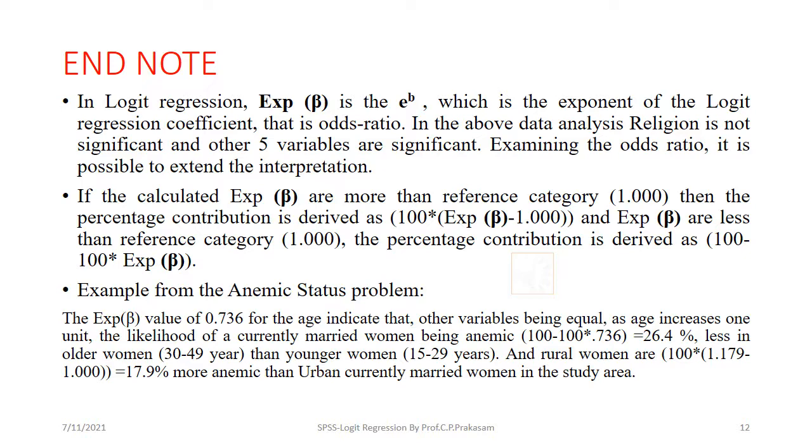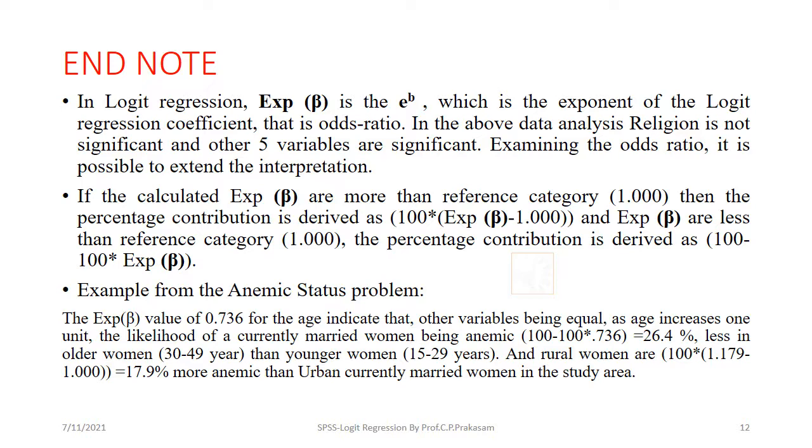Further, a small explanation is given for our selected variables, because this gives meaning to how much percentage variation is explained. But the percentage variation explained should be taken very cautiously. The expected beta value is 0.736 for age, as indicated in the last table.